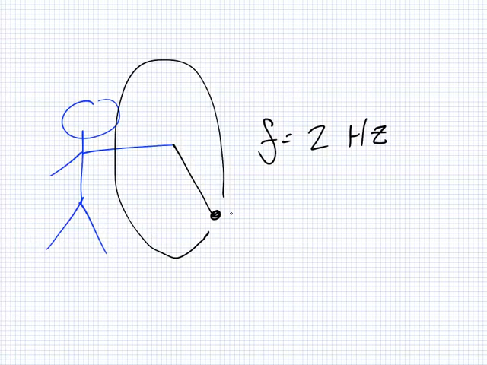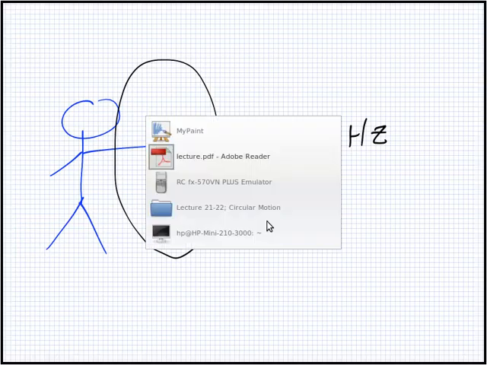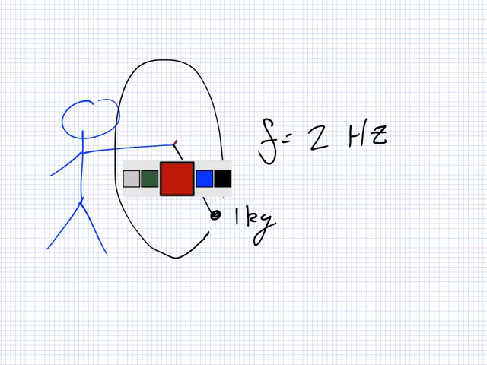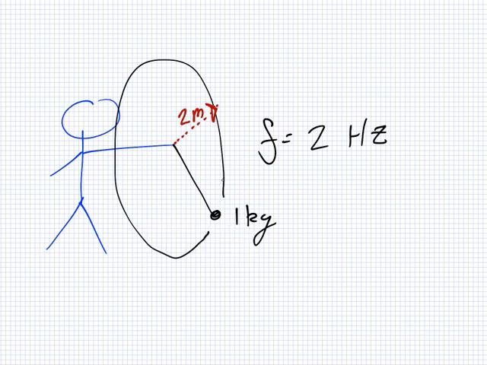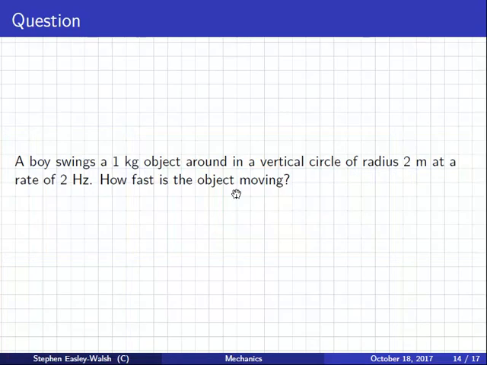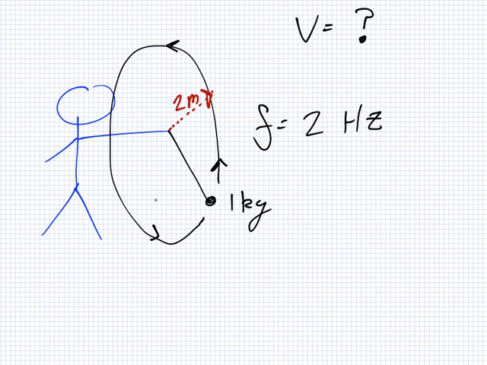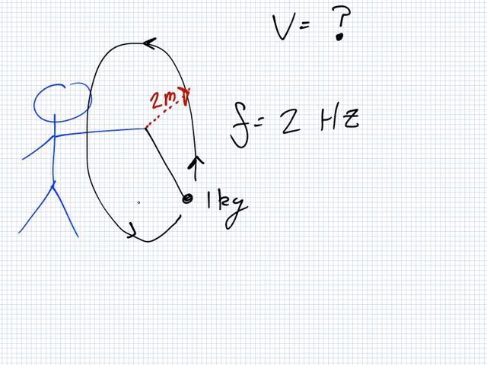And it's 1 kilogram. And the radius here is 2 meters. My question is, what is the V? V equals what? Okay, try this one now. Let's see if you can use the formulas to get this.